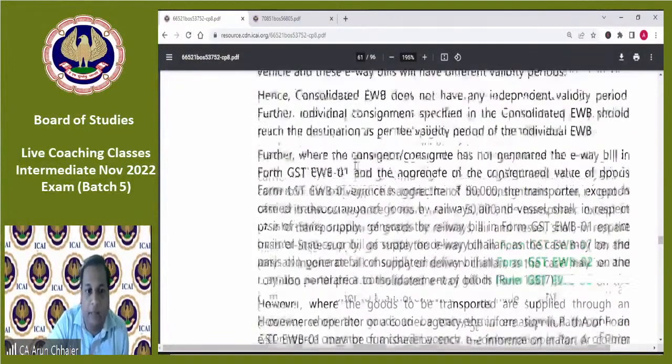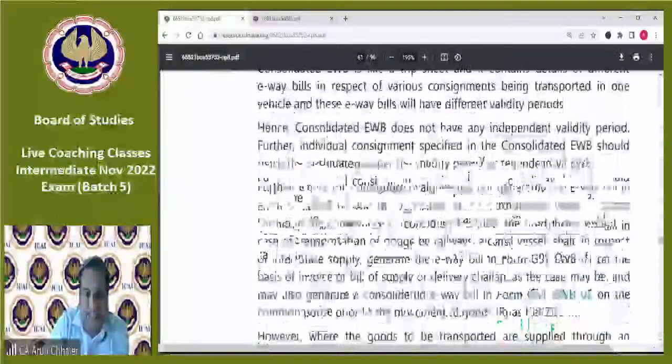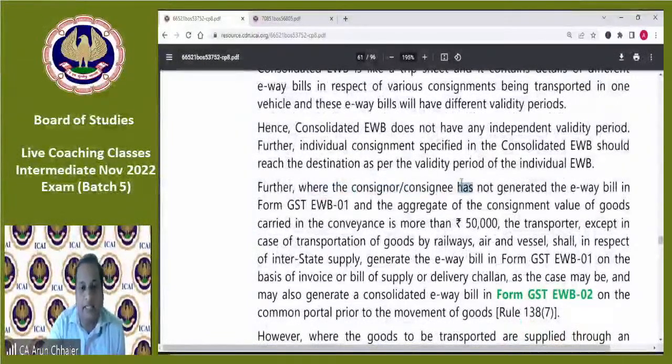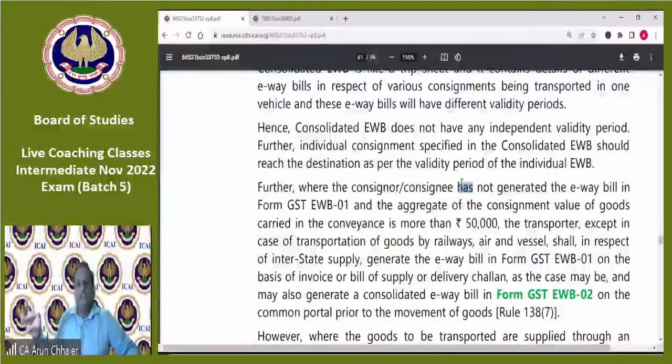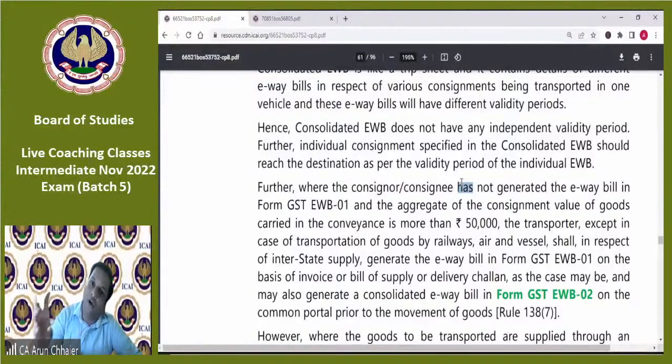What is rule 138(7) and why is it not effective? We'll discuss. Rule 138(7) says that where the consignor or the consignee has not generated the e-way bill... Let's say Mr. A has reached the transporter and the value of the goods is only 1,000. Is Mr. A required to generate the e-way bill? The answer is no. Similarly, Mr. B has also reached the transporter with goods of value 1,000. Will B generate the e-way bill?